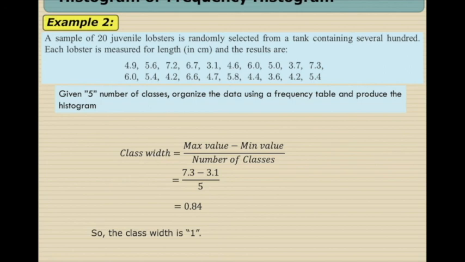The maximum value is 7.3 and minimum value is 3.1, divided by 5, and that's equal to 0.84. And we always round up the value that we get here. So the class width is 1.